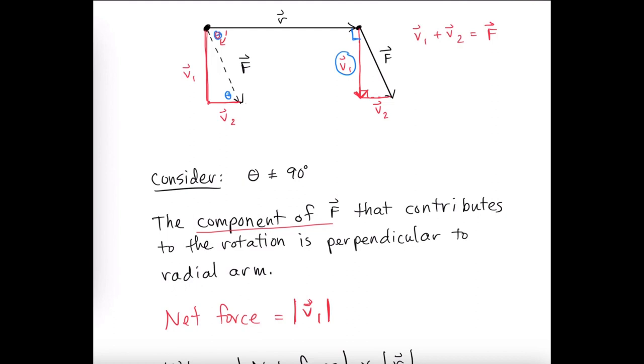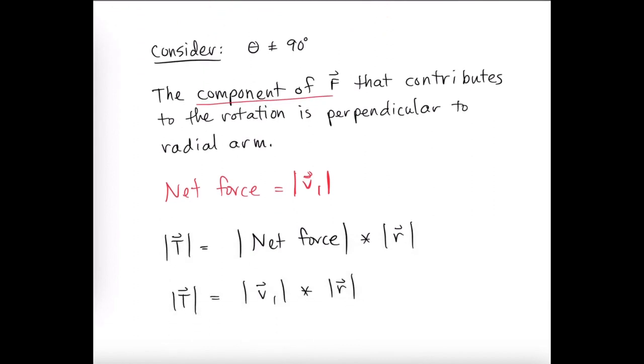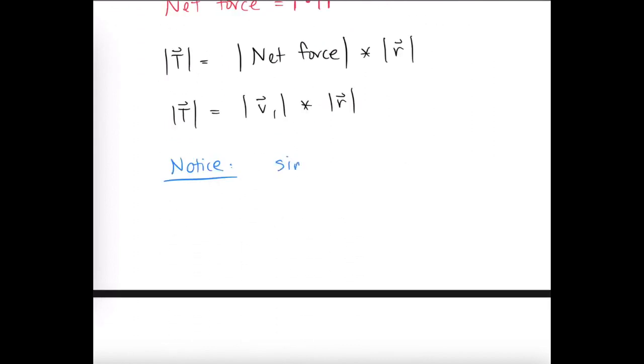And if we look at this angle theta here, we notice that the sine of our angle theta would be the magnitude of this V1 vector divided by the magnitude of the force vector, opposite over hypotenuse. So we said the sine of angle theta is equal to mag V1 over magnitude force vector.